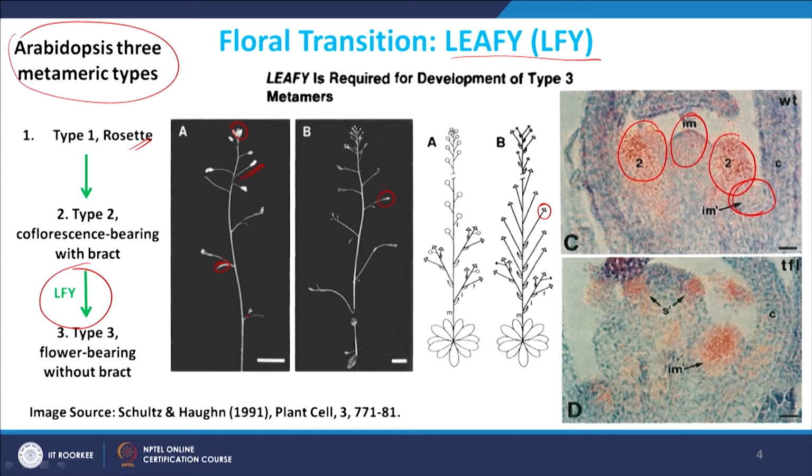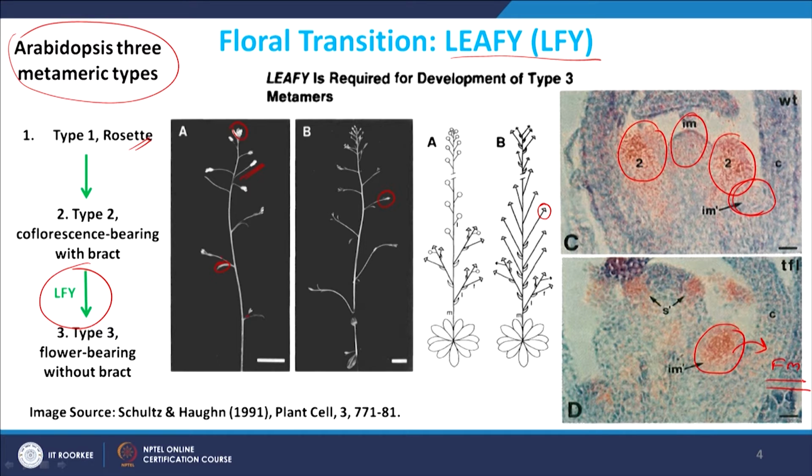But in the TFL mutant, the side region from where your branches are coming, you can see that expression of LEAFY is very high, and that is important because when you have a high amount of LEAFY expression here, it will convert this meristem to floral meristem identity.